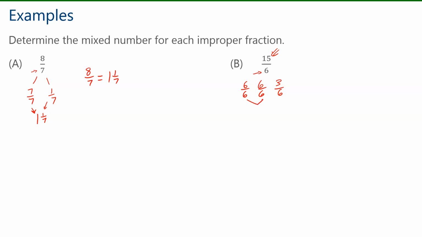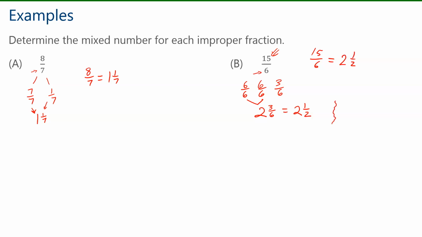So the two 6 out of 6s give me 2 wholes, and I have 3/6, which I can reduce. 3/6 we know is a half. So what it all means, 15 over 6 is the same thing as 2 1/2.